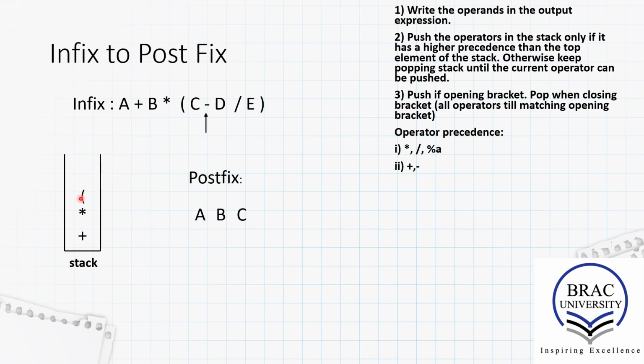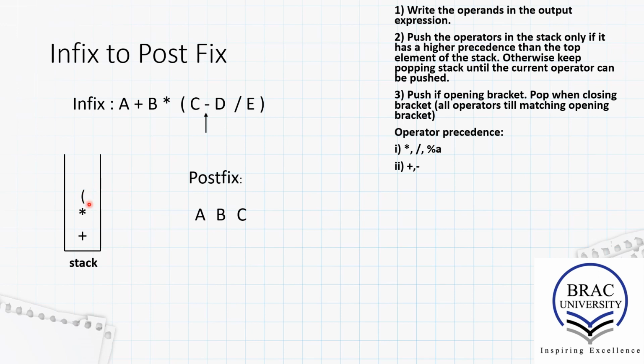So you see, if the opening bracket was not present, then I could not have pushed it because I had the multiplication operator, and I couldn't push minus because minus has a lower precedence than multiplication. So I would have had to pop the multiplication sign and then also the plus sign, and then I would have had to push the minus sign in.